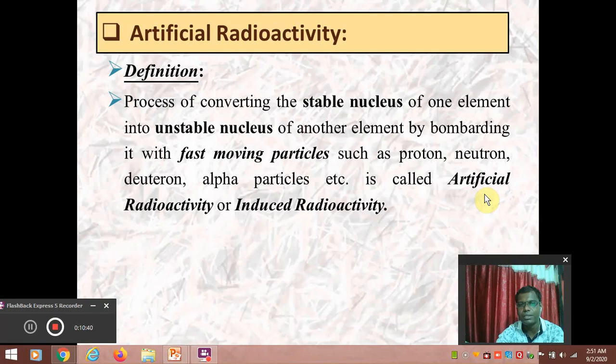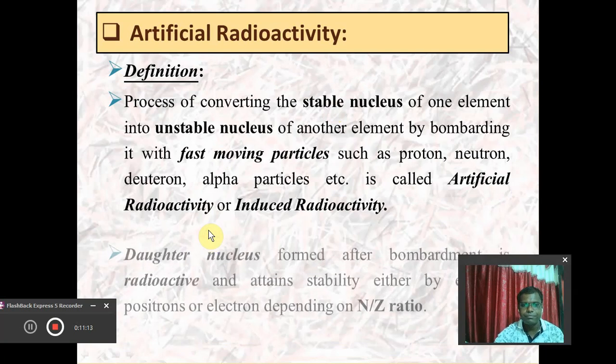This is called artificial radioactivity, or it is also called induced radioactivity. So the definition of artificial or induced radioactivity is very simple.